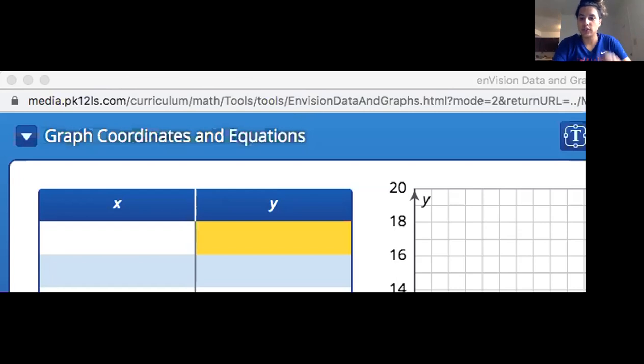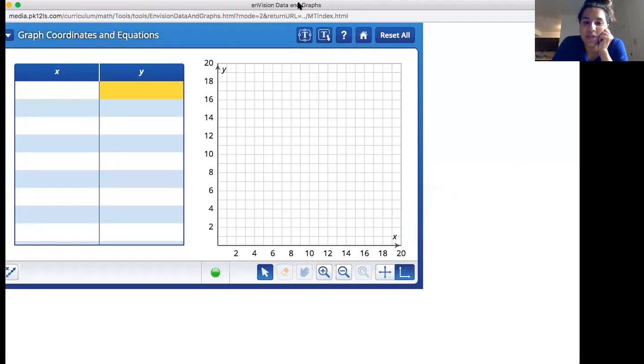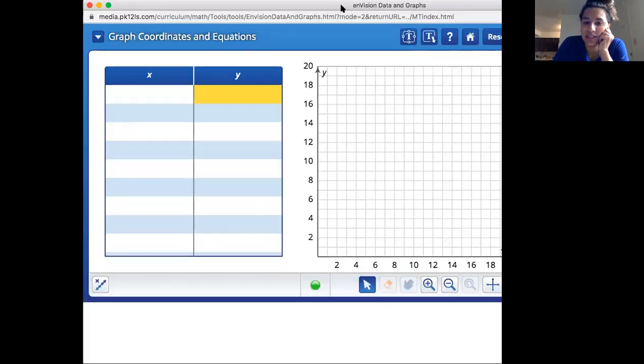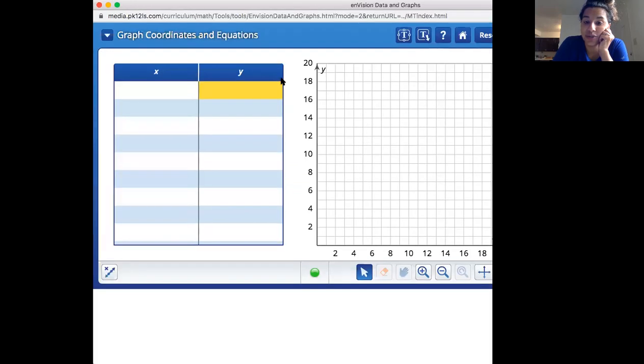ordered pairs. So what I did before I started this lesson is I clicked this little tool icon, and you see where it says math tools right there, and it came up with our coordinate grid. Okay, so I'm going to use this, move this over a little bit, and I don't know if you guys have this little toolbox or not, but if you do, I suggest that you use it to help you. Okay, so I'm going to put in my first ordered pair. So X is 6 and Y is 4.